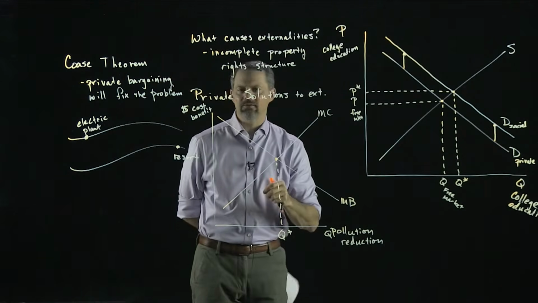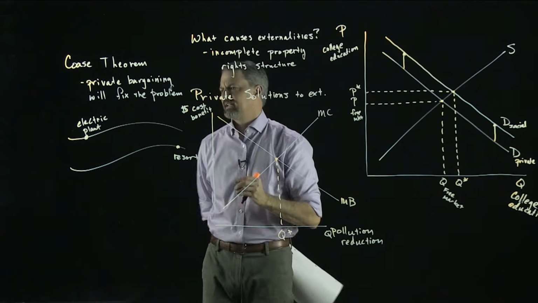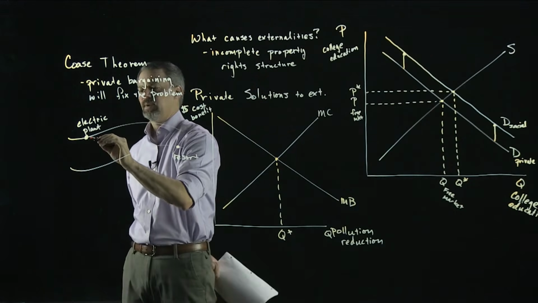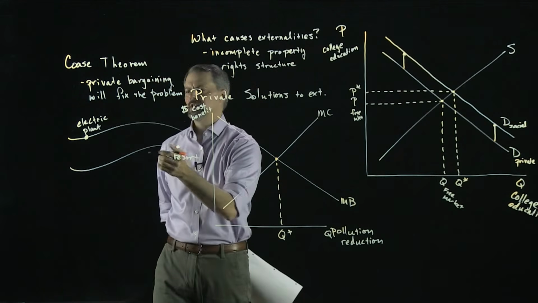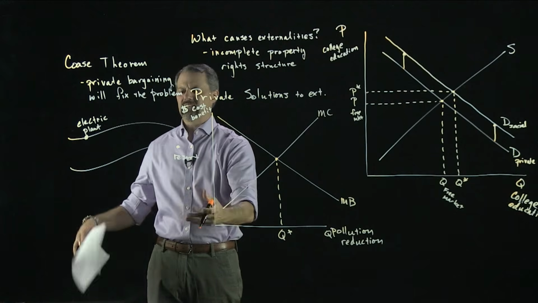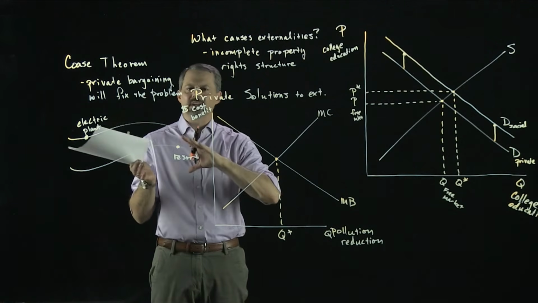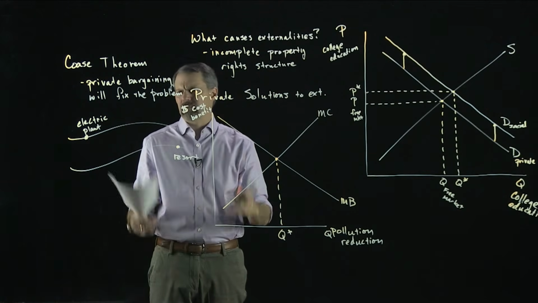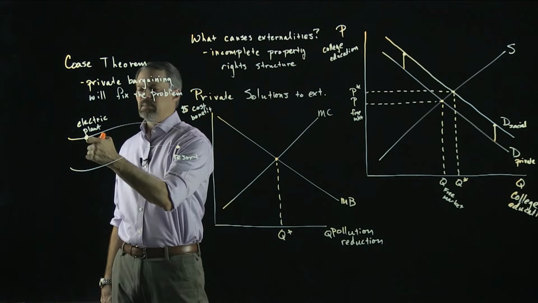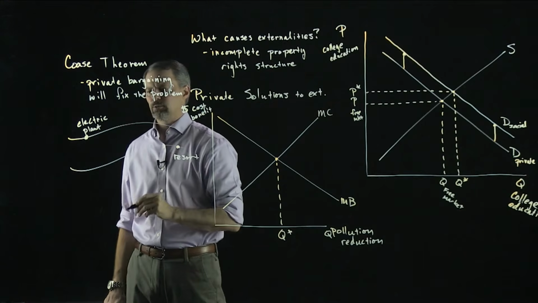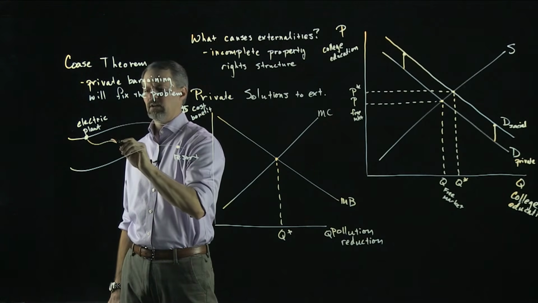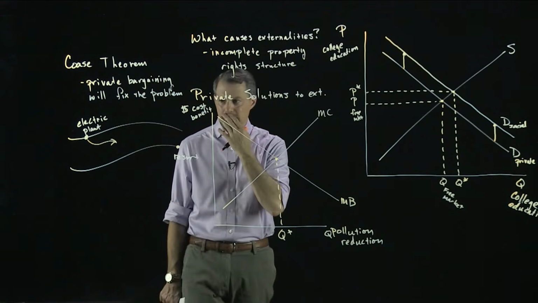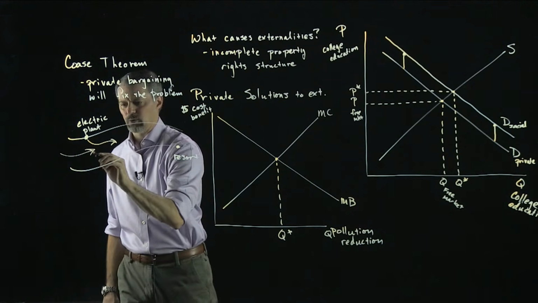This is a public river. And let's suppose that this plant, as part of the generation of electricity, takes in some water, heats it up, and uses it to cool off some of their turbines or something. And then they emit that warm water back out into the river. Let's suppose the river flows this way, towards my resort.